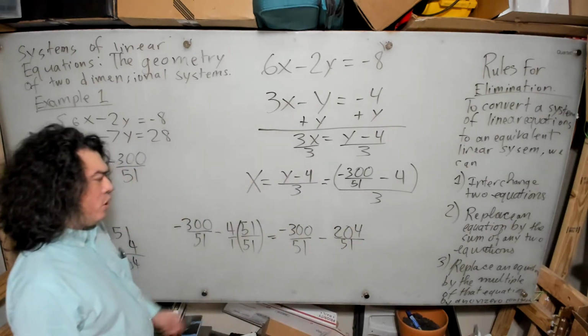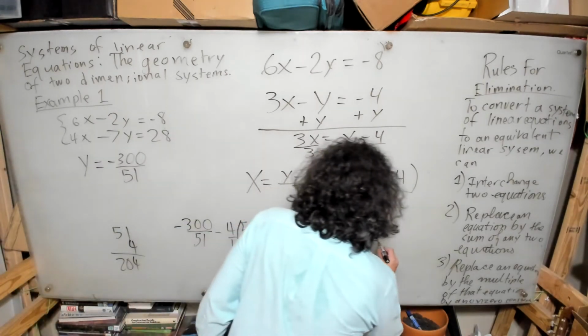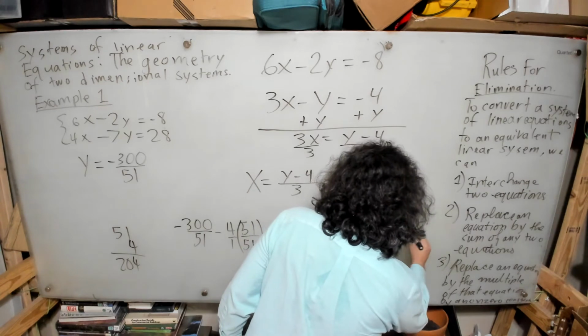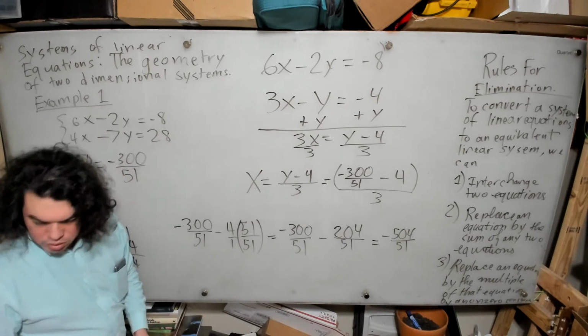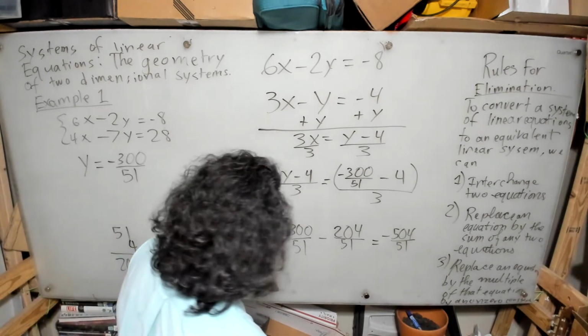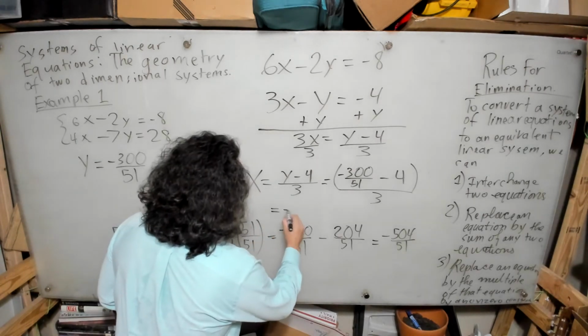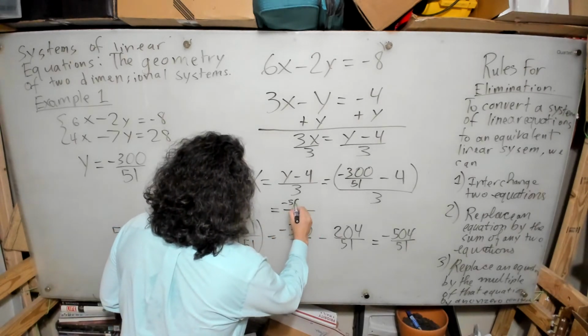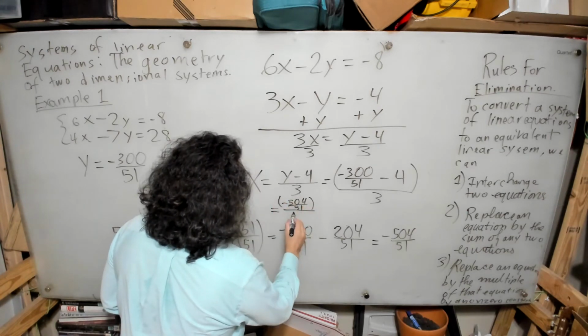You can see that this will give us negative 504 divided by 51 on the numerator of the equation. Okay? So now we can write this as negative 504 over 51, and that's all divided by 3.